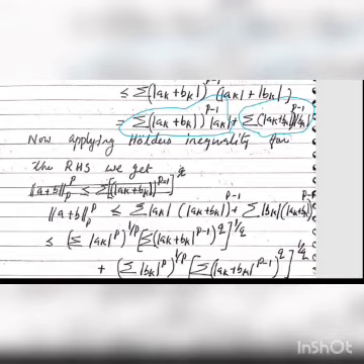So we have 1 by p plus 1 by q equal to 1.